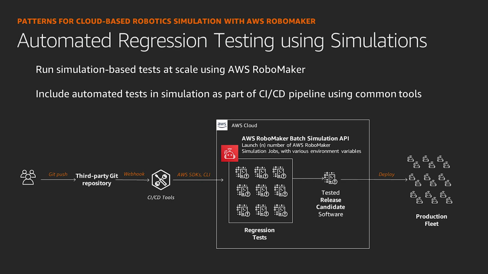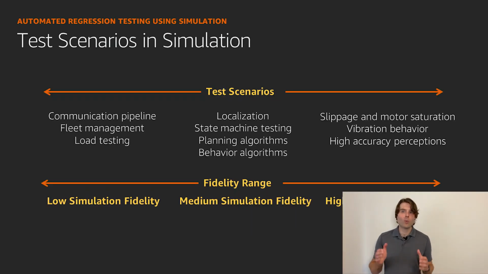This makes it easy to connect existing CI/CD tools, which could be tools like Jenkins or Travis, with RoboMaker to run those tests. There are a wide range of test scenarios that are well suited for simulation. Low fidelity simulation can be leveraged when testing the communication pipeline, external fleet management software, or running software load tests.